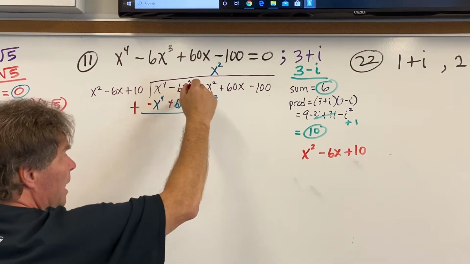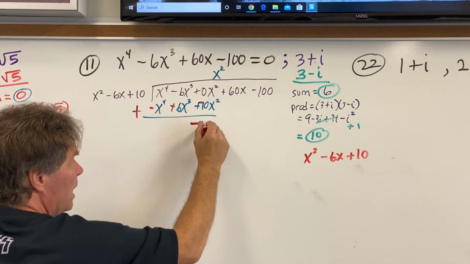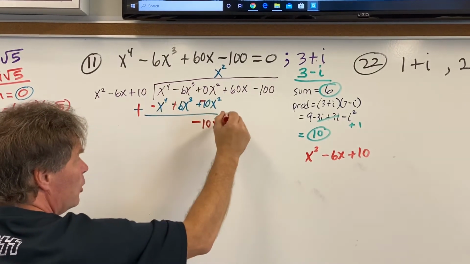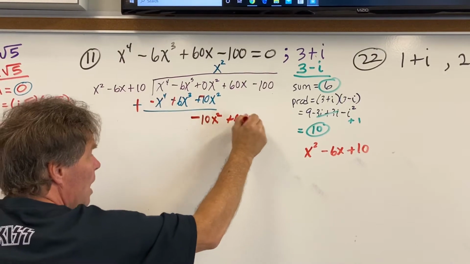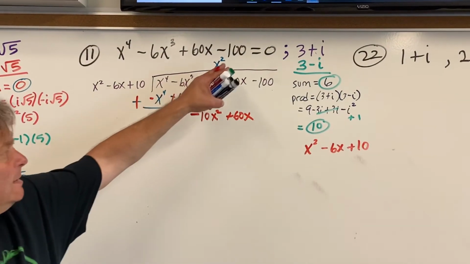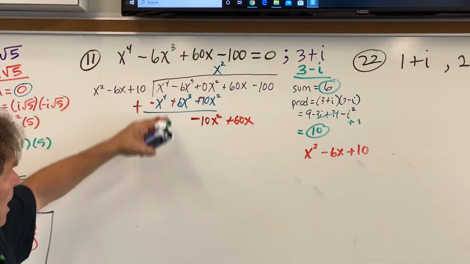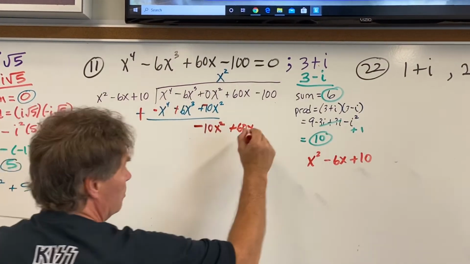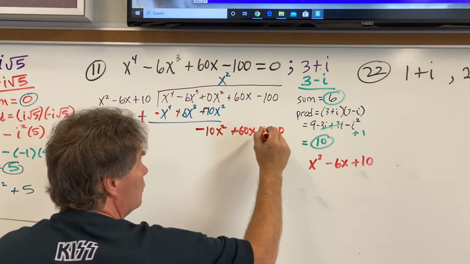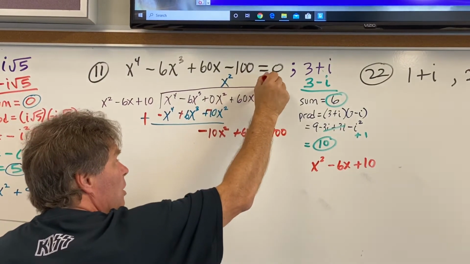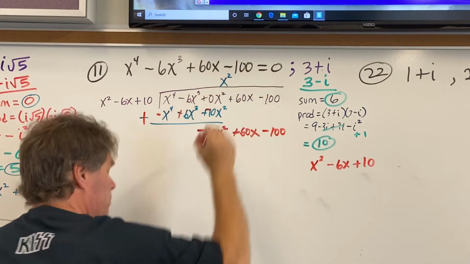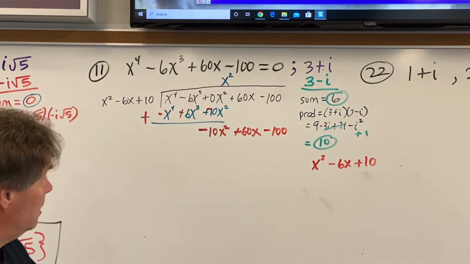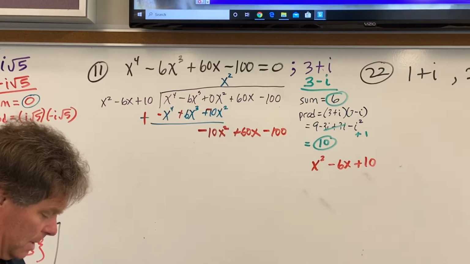Now, 0x squared minus 10x squared is minus 10x squared. We were going to bring down the 60x, but since this is a 0 and we wiped out an extra term here, I'm going to bring down the next 2 terms. I'm also going to bring down the minus 100, and the next thing is going to go right there because I'm skipping this part.